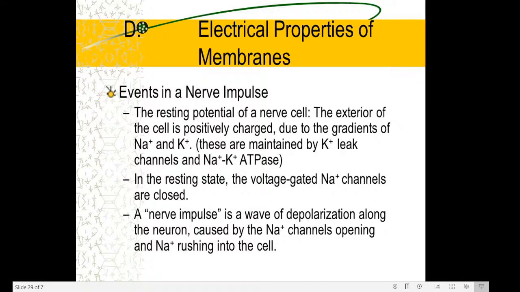The voltage-gated channels are always in the closed form at normal resting time. Only if there is a demand, if they receive a nerve impulse, will they open and release sodium from the cytoplasm to the external surface, and allow potassium ions into the cells.